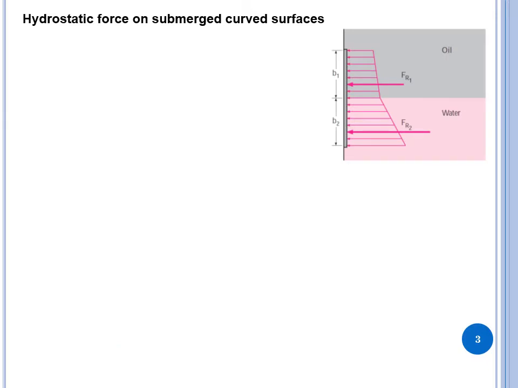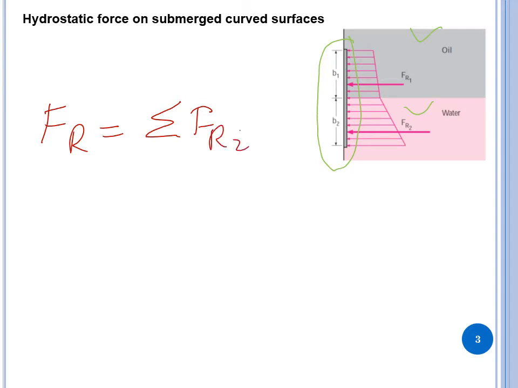What if one surface is submerged in two different fluids? Like here one fluid is oil, another fluid is water. So what you need to do to find the resultant force is simply take the sum of forces, i equal to 1, 2, whatever, in that case it is 2.